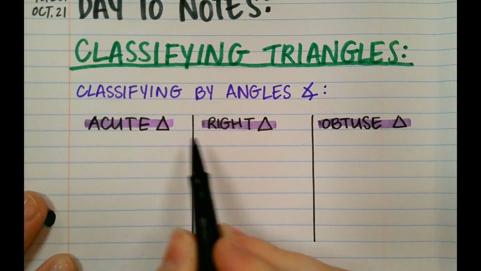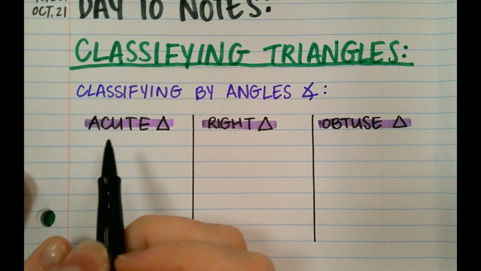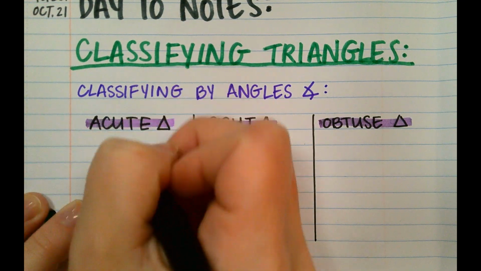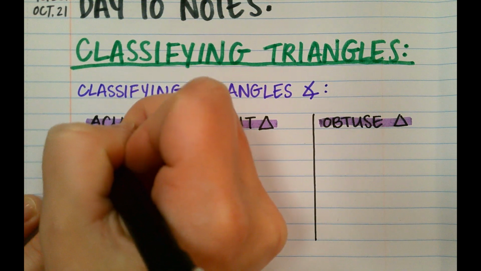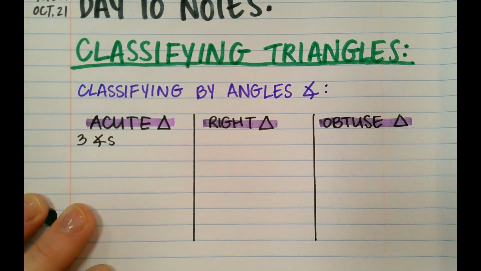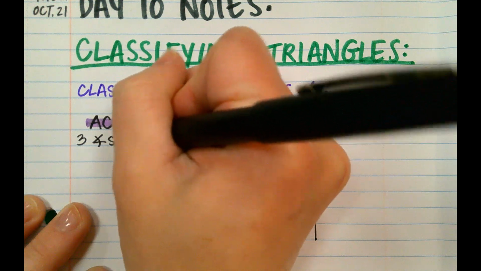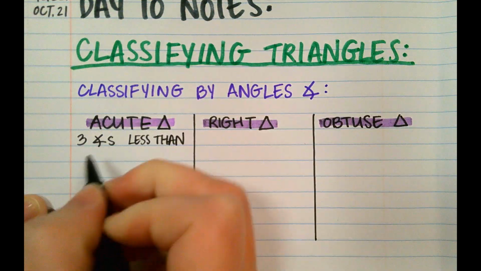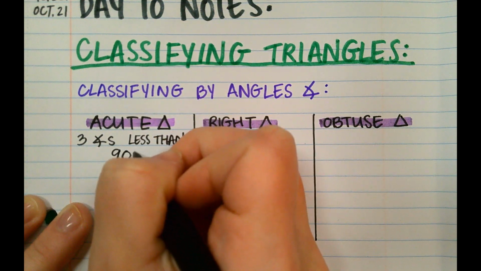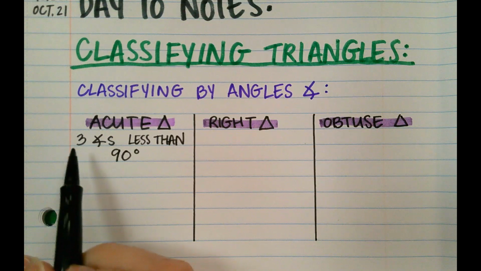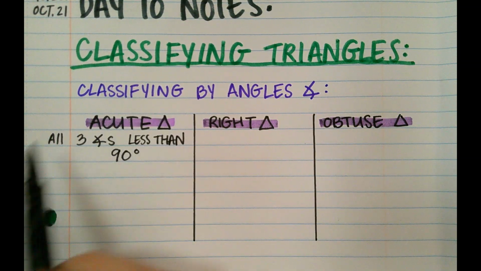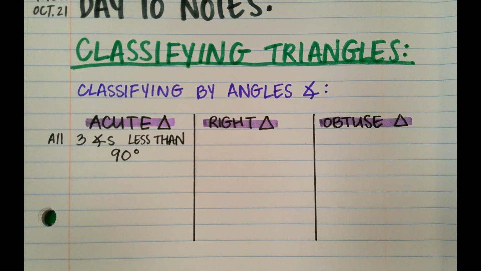So under acute, for a triangle to be considered an acute triangle, all 3 angles have to be less than 90. All 3. So we're going to write 3 angles less than 90. You can write all 3 angles. Every angle in the triangle must be less than 90.